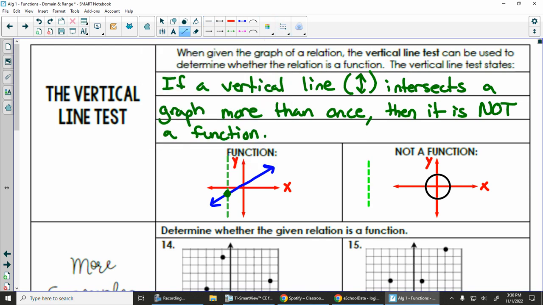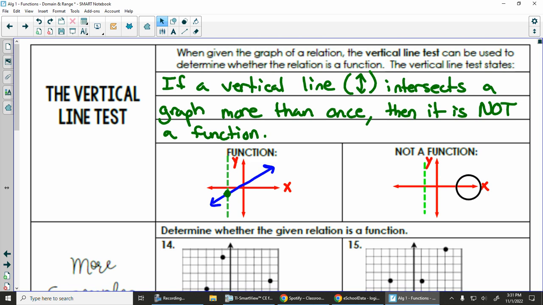There we go. Okay, so here's a new green line. All right. Now, again, same thing. I should be able to put that vertical line anywhere I want if my function is in fact a function. So if I take this vertical line and I put it right there, then I'm only touching once.